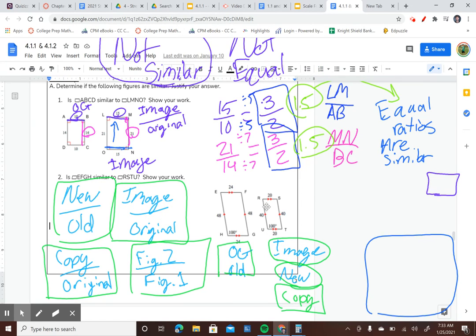But the concept is still the same, where you take the side length from the second figure, the image, and you put it over the side length of the original, or on the left side, the original. So image over the original.